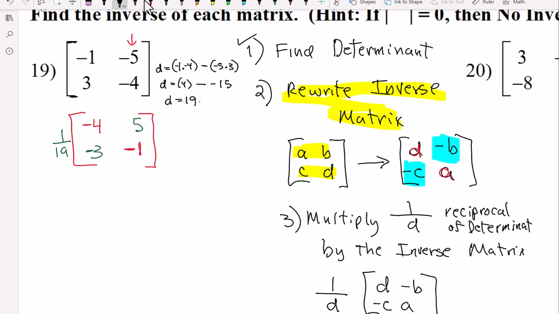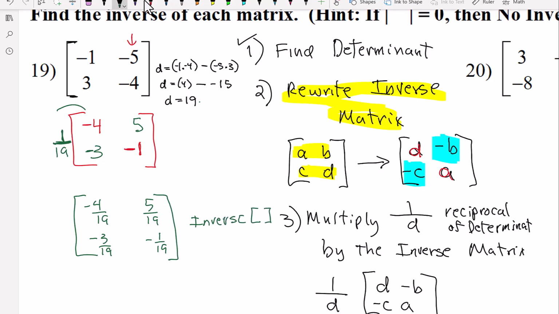Like before when we were doing scalar multiplication, the determinant is a form of a scalar, and then you would multiply. So if we did the distributive, that would be negative 4/19, positive 5/19, negative 3/19, negative 1/19. So this would be the completed inverse matrix.